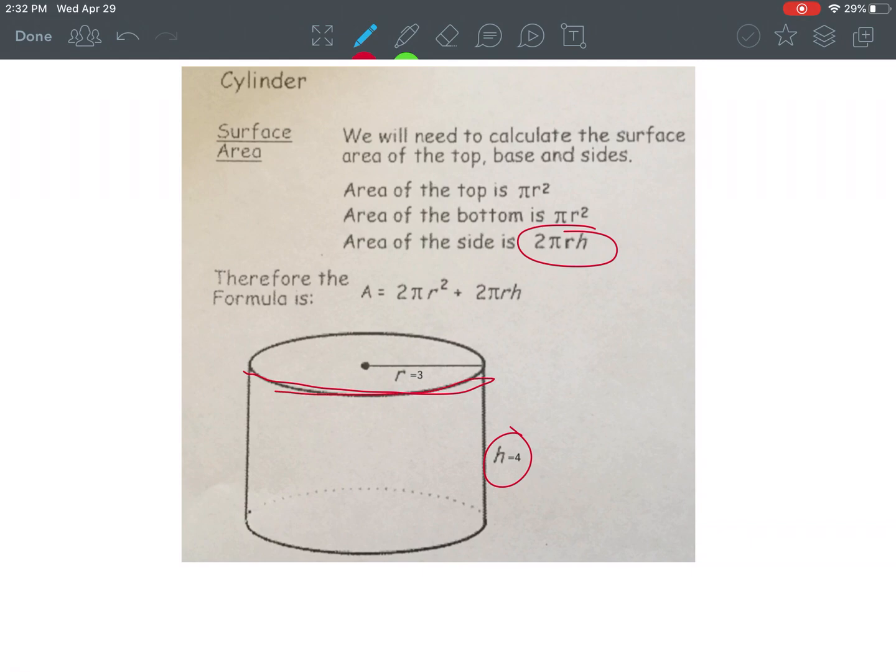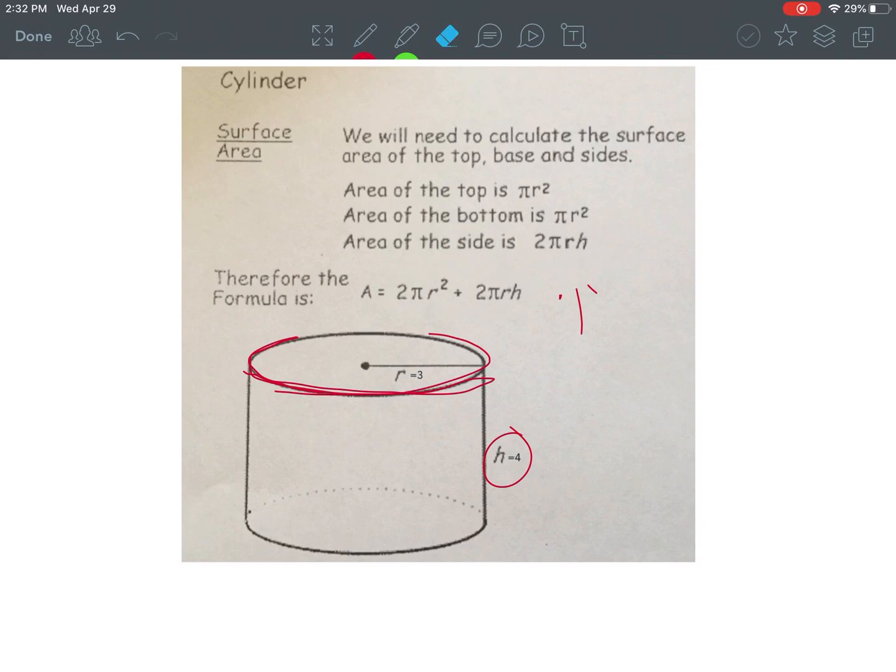But remember, to find circumference, you find the distance going around the circle, and that distance going around the circle would be the measurement you need for the rectangle to multiply them together. So this is why that formula gets used for the side. That would be for the area of the rectangle. Okay, so that's where these two items come from in that formula.